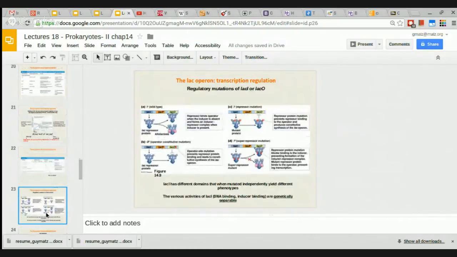Now, mutations in lacI or lacO, that's an important slide. It essentially tests your knowledge. You have mutations in the DNA sequence in lacO, and these cannot be recognized by LacI, and therefore lacO mutations are called constitutive mutations.